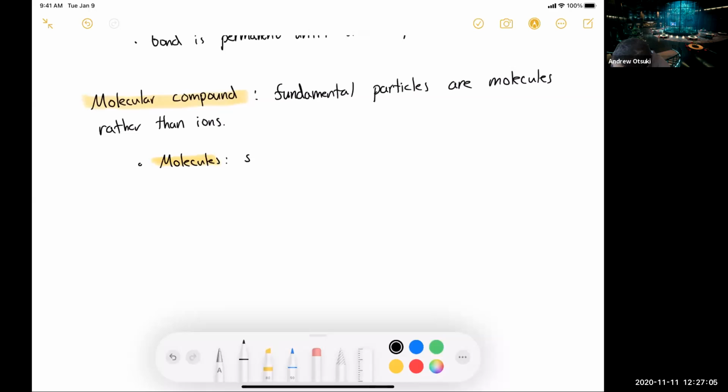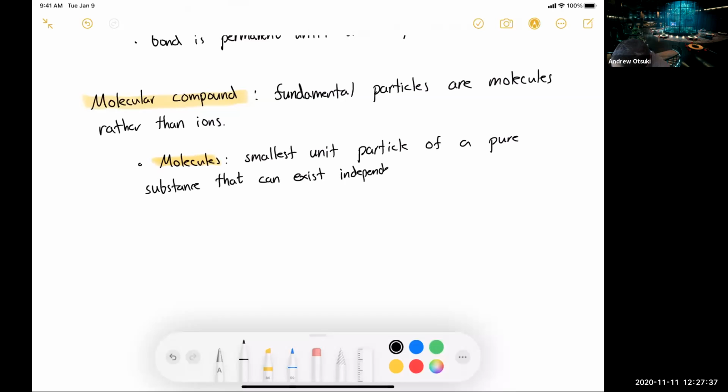The smallest unit particle of a pure substance that can exist independently and possess the identity of a substance.